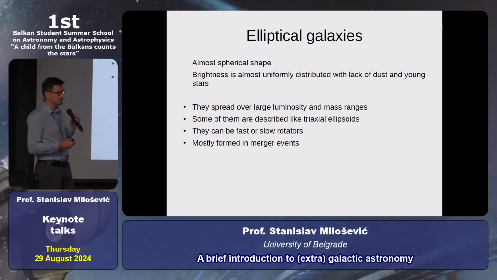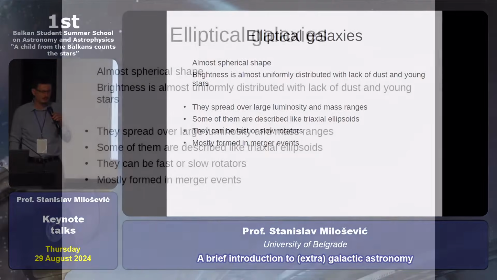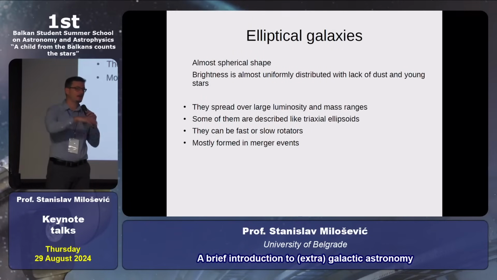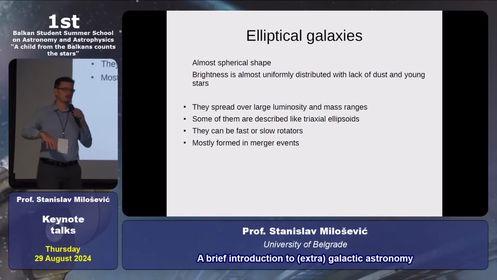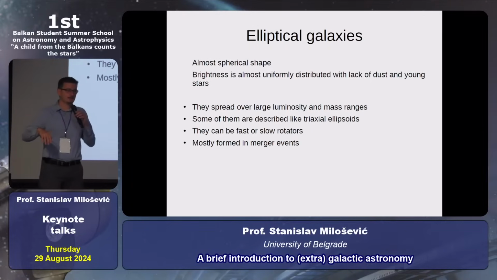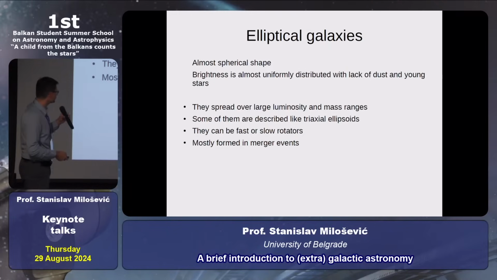The most massive galaxies are elliptical galaxies, and they are settled in the center of galactic clusters. We call them cD galaxies, or central dominant galaxies. They have 10 to 13 solar masses. And when I say the whole mass of the galaxy, I mean both parts, the baryonic part and the dark matter halo. So 90% of the mass in these galaxies is contained in the dark matter halo, and 10% in the baryonic part, the part that we can see.